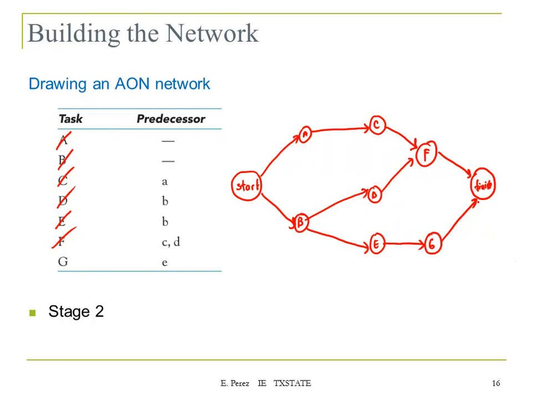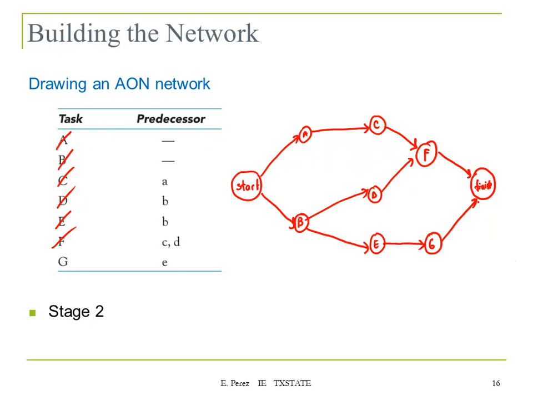Any questions? Okay, so now we're going to do the same example, but using the AOA network. So in this case, our activities or tasks are represented by the arcs. And I believe this one, the AON, is easier to represent.